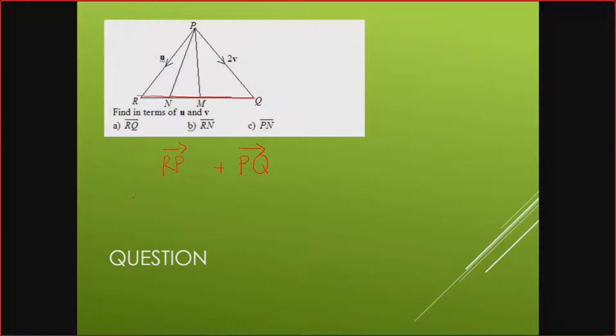Since RP is going the opposite way of U, that's going to be minus U, plus PQ, which is positive 2V.